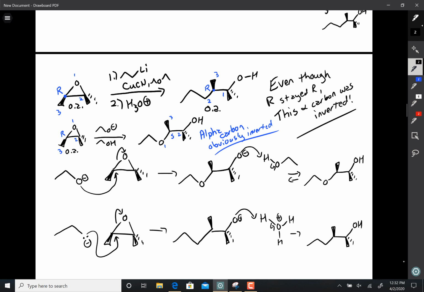Now, the reason why when you use the organolithium, the R stays R, and when you use the alkoxide, the R becomes S, has nothing to do with the reaction itself. It has to do with how you calculate R and S. Remember, R and S is purely an artificial thing that we use. Nature doesn't use R and S. It's based off of the priority.